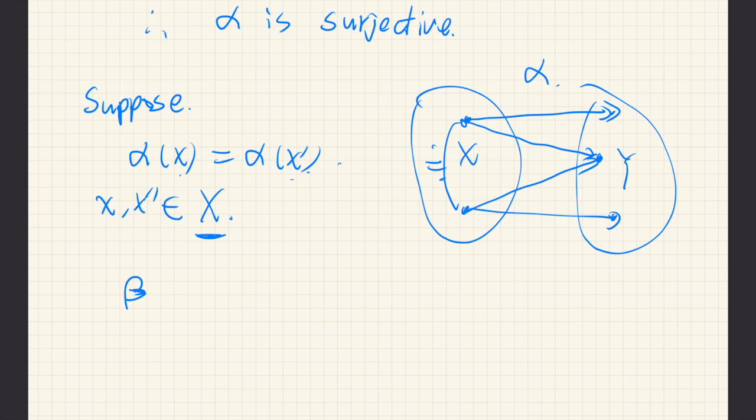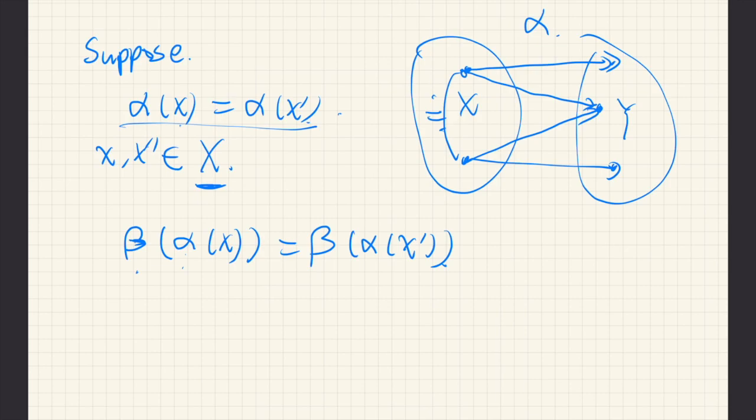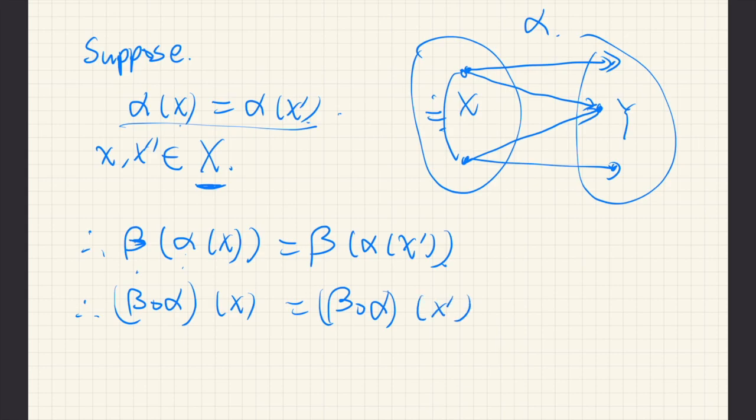So from this equality, to both sides of this, we apply beta. Since they are equal, if we apply beta, they are still equal, right? But beta of alpha is a composition, beta after alpha. And by assumption, beta after alpha is equal to ID x, the identity map on x.